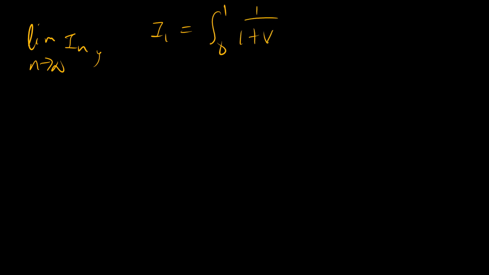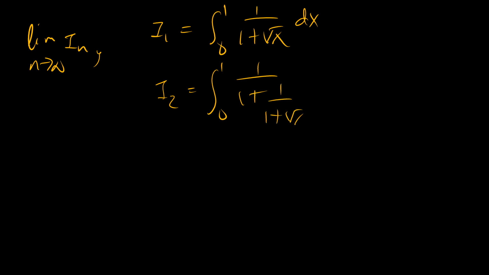So we're being asked to find the limit as n tends to infinity of this integral I_n, such that I_1 is the integral from x equals 0 to x equals 1 of 1 over 1 plus square root of x, and I_2 is equal to 1 over 1 plus 1 over 1 plus square root of x.